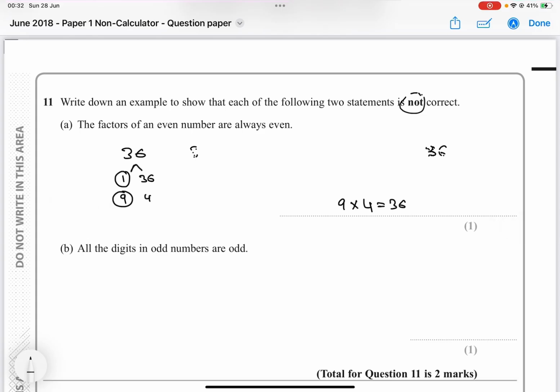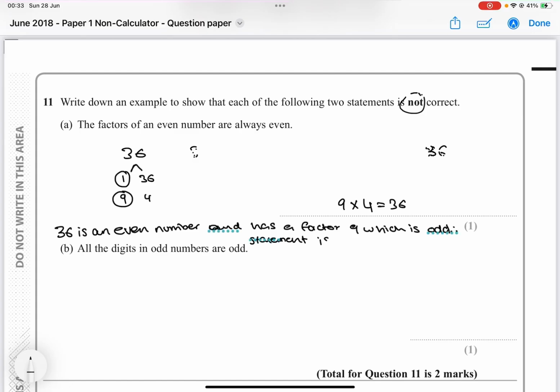and has a factor 9, which is odd. Therefore, statement is not correct.